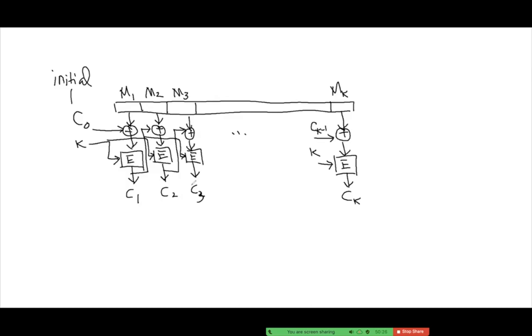Okay, so this is called cipher block chaining mode, and we call it CBC.